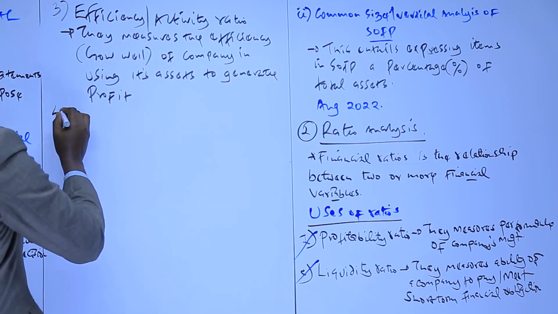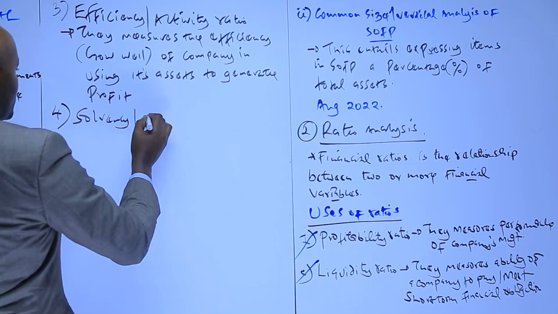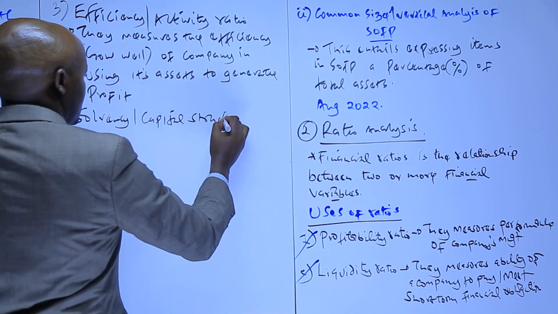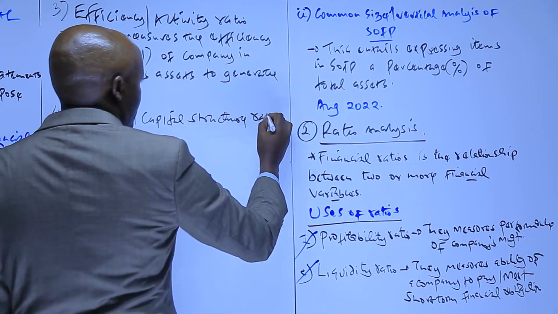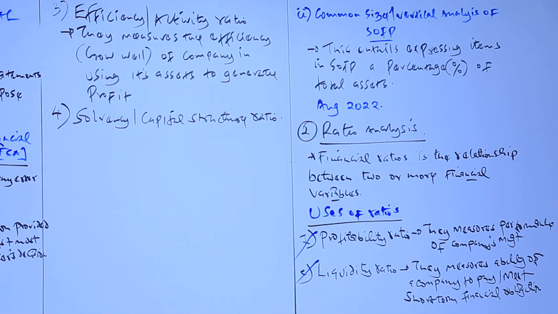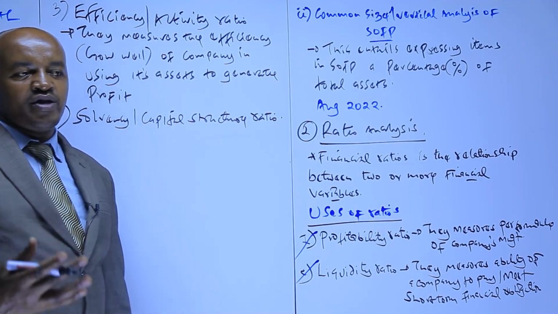And then the other category of ratios is the solvency or capital structure ratios. Now these ratios, on the other hand, are computed to determine the ability of the company to pay or to settle the long-term debts as and when they fall due.